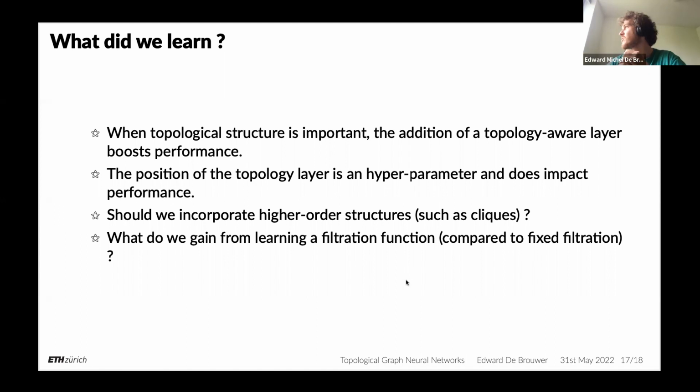So I think there are still a lot of questions, and that's also maybe sparked a discussion that we can have in a general group together: how can we learn important topological features, which relates to how do you learn a good filtration function?